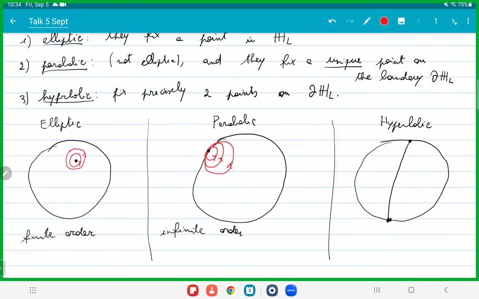This line is fixed, and the points are sent exponentially fast away from this point, which is the source of the dynamical system, to here, which is the sink or the attractor. So points are sent from very close to here to very close to here. And around these points, the dynamics look something like this. So these again are the flow lines of the system.